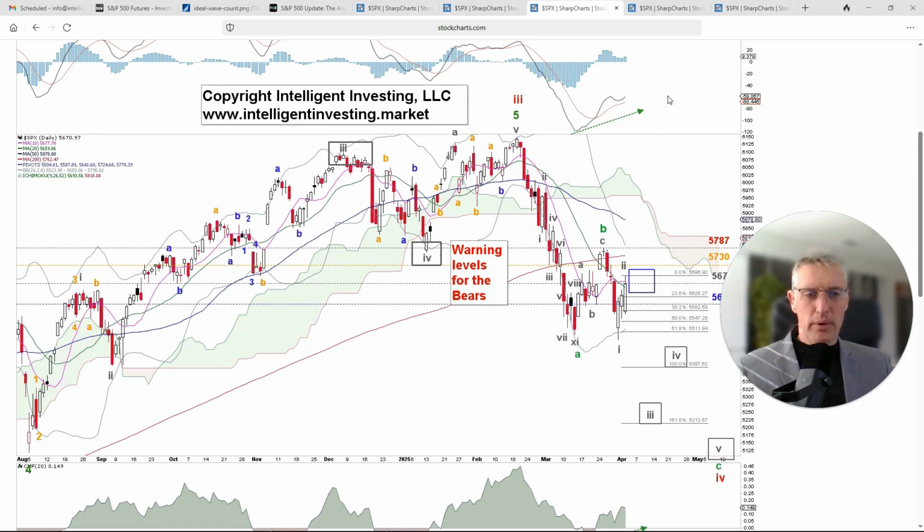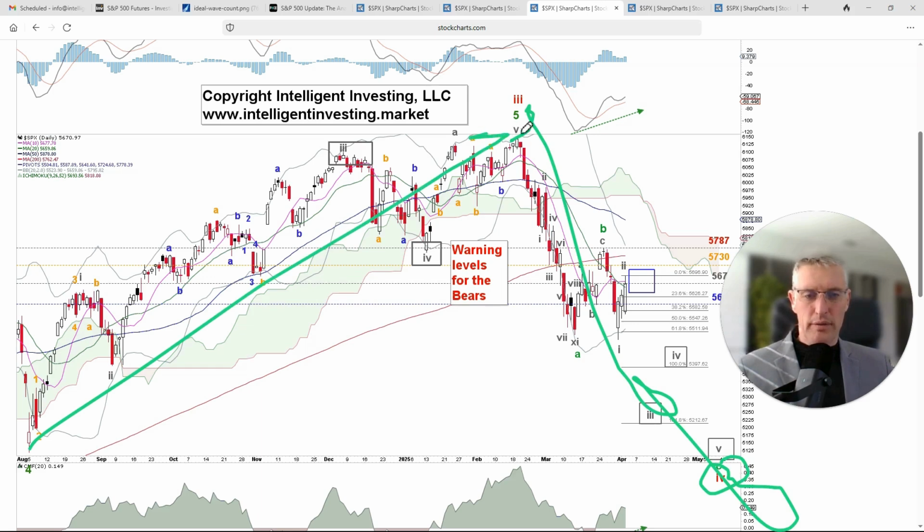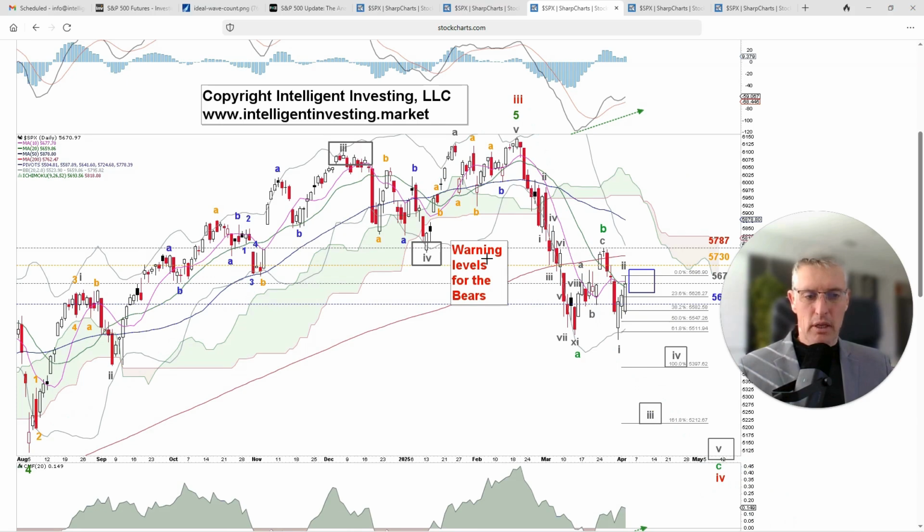Early into February was a green wave 5, okay? And this was an ending diagonal green wave 5, okay? The red wave 4 tends to then retrace all of the wave 5 from a one degree lower impulse.